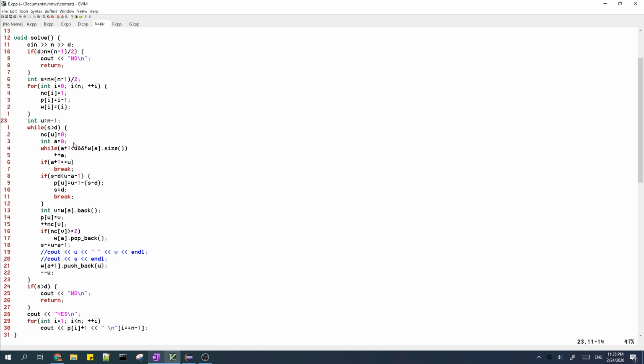First, we set the number of children of u to 0. And then we basically just find the first level which contains a node which will work. And if that level plus 1 is equal to u, which means that we can't increase our answer anymore, then we'll just break.